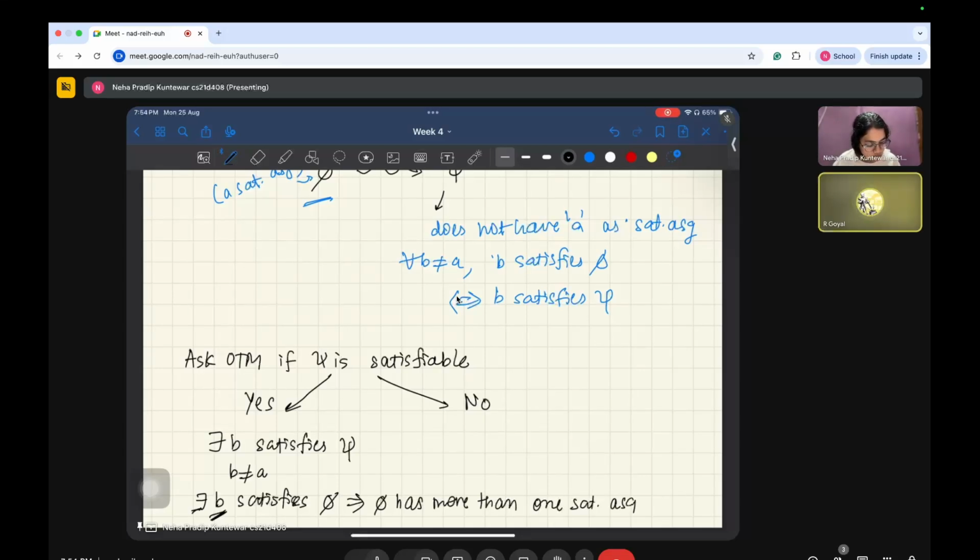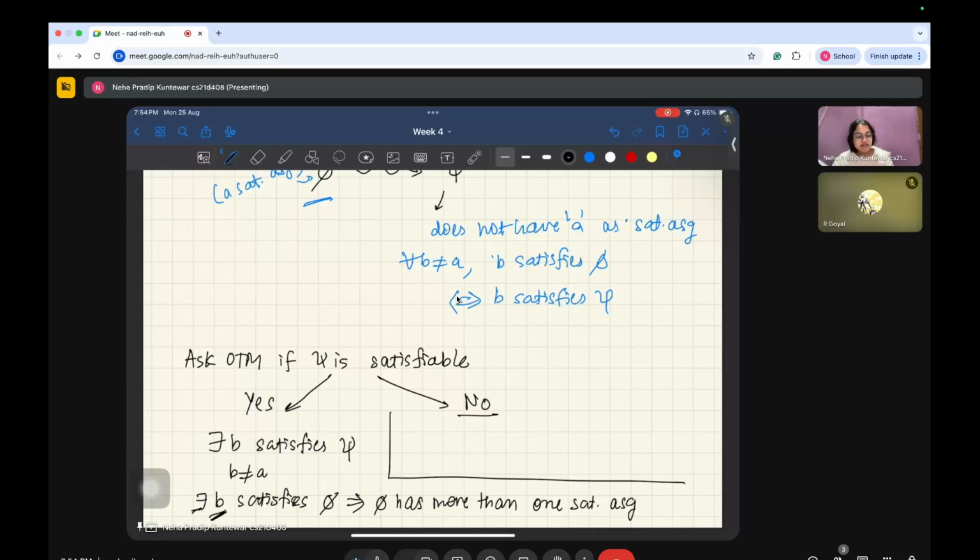So this phi is not part of our language. However, if the answer is no, then no would mean two things: either phi has no satisfying assignment, or phi has only one satisfying assignment, and that is small a.